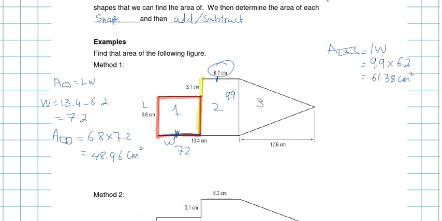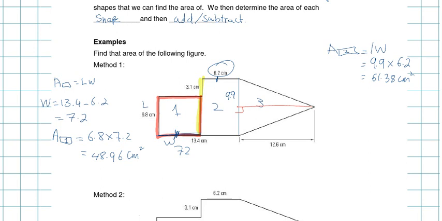And my last shape, shape number 3, is a triangle. For the triangle, the formula is base times height divided by 2, so I need to know my base and my height. I do know both of them. They gave me the height outside the triangle, but it doesn't matter, as long as I know that from here to here, and that's a perpendicular line, it is 12.6. And I know my base, which is 9.9.